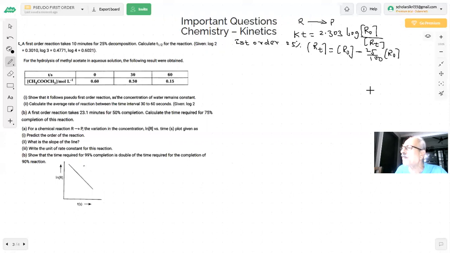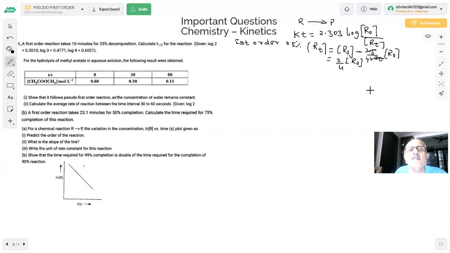Most of the mistakes by students are made here. 25 by 100 is 1 by 4, so Rt is equal to 1 minus 1 by 4, which is 3 by 4 of R0. Now it is easy. The question is solved for us.